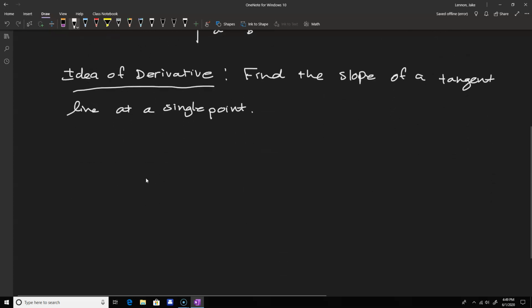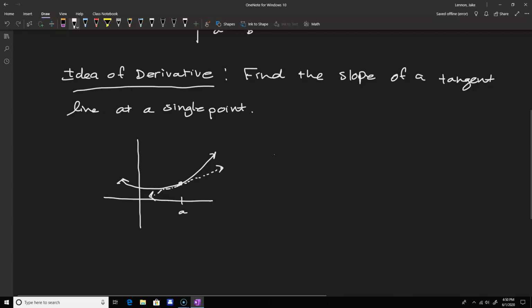So what that entails is we have some picture again, and you have some point, maybe we call it A, and what we'd want to do is we'd want to find the tangent line, so the line that just touches the curve and is perfectly tangent. We'd want to know what is the slope of that dotted line.